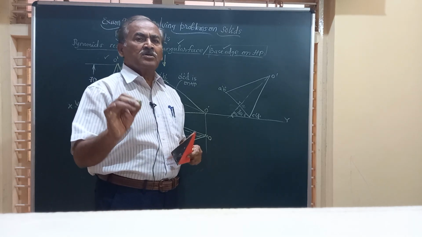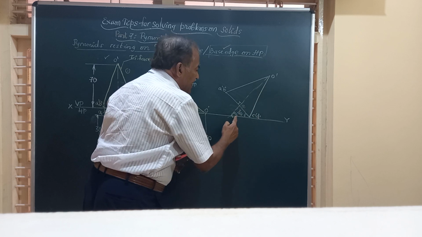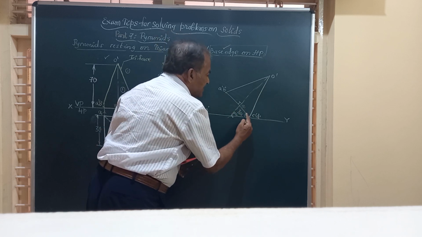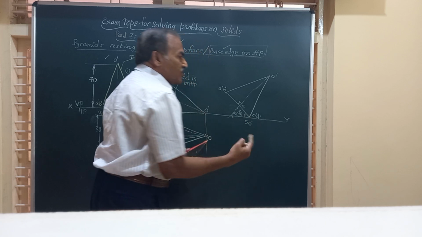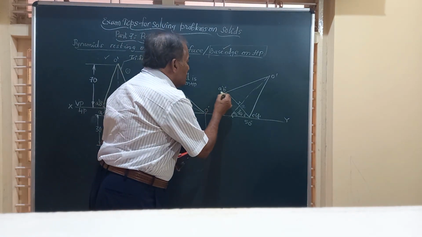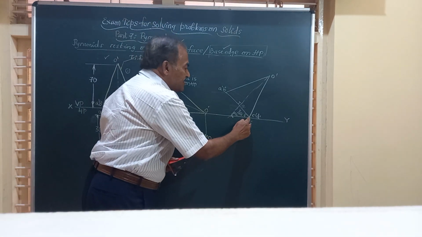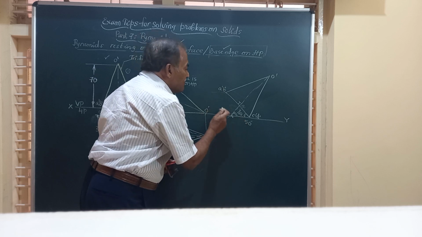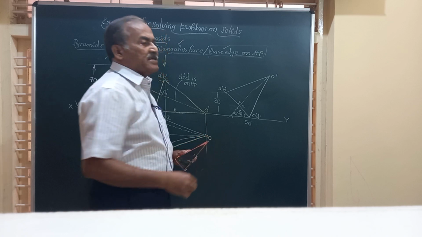And sometimes to confuse you, they will give you both. The axis is at an angle of 40 degrees to HP and the base, this ABCD, is at an angle of 50 degrees to HP. It means one and the same. Or in some of the problems, they will give you that the object while resting on one of the shorter edges, the base edge, the highest edge of the base is at a distance of 30 millimeter from the HP.